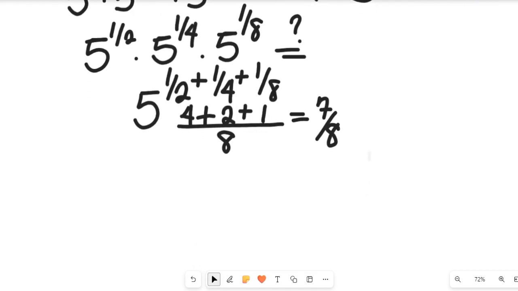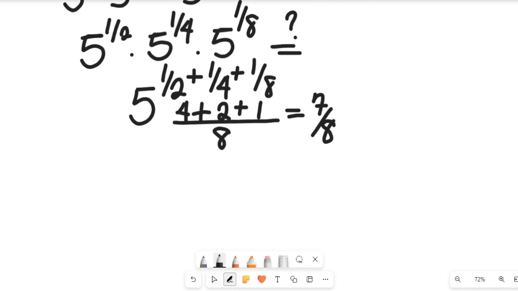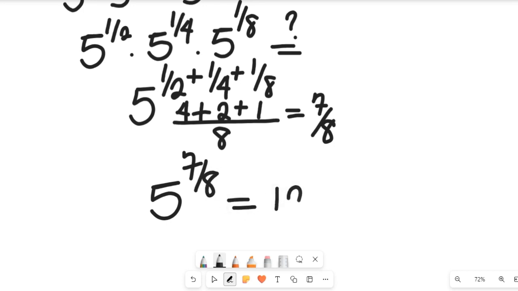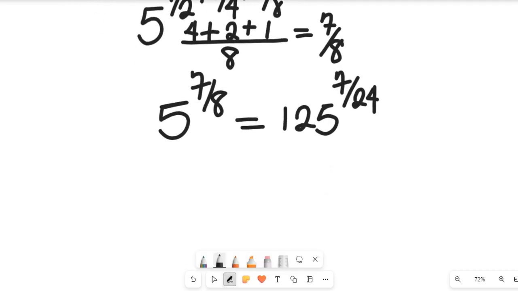So that expression will now give us 5 to the power of 7 divided by 8 equal to 125 to the power of 7 divided by 24. Now recall that 125 can be equal to 5 to the power of 3.